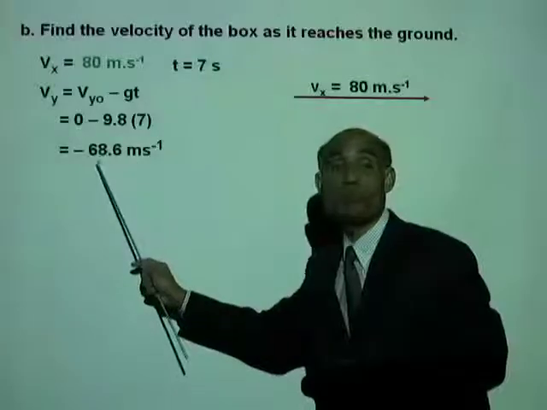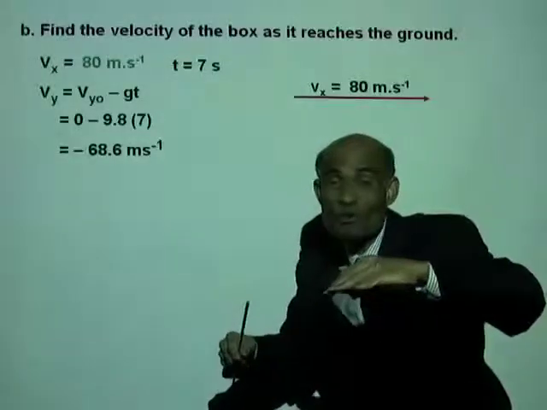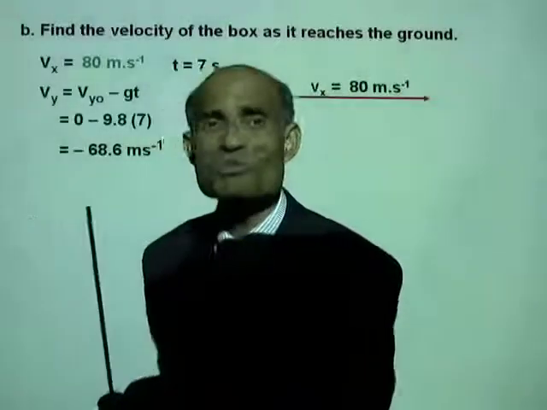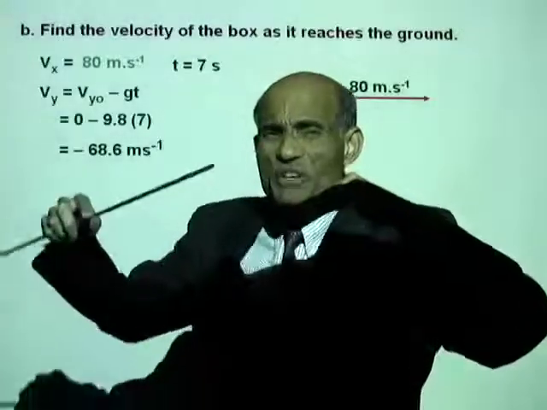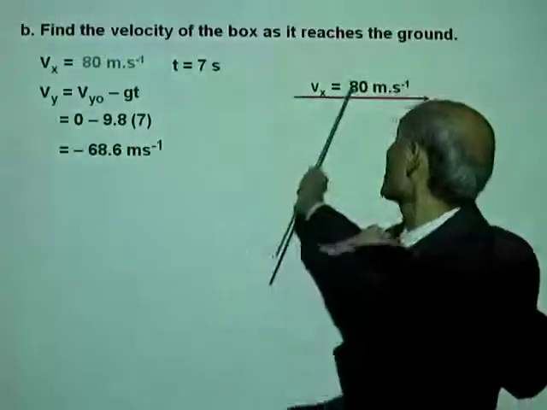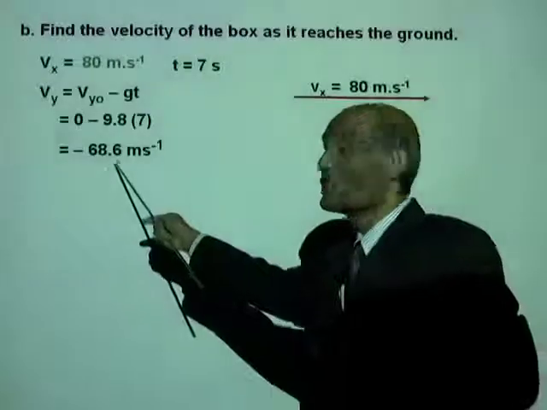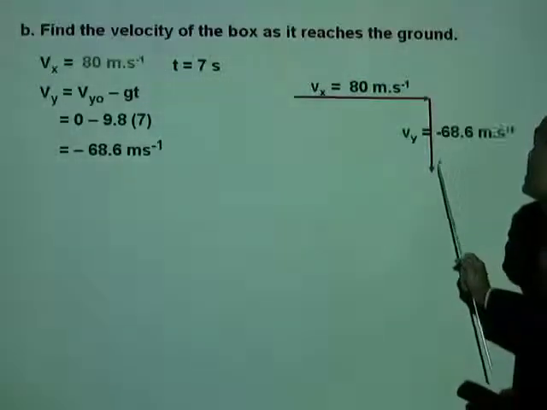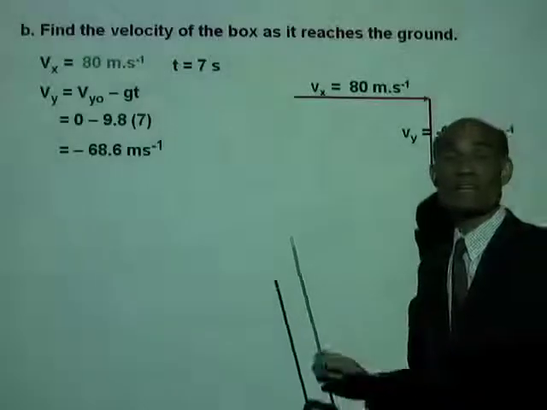So that means the box, when it falls to the ground, the instant when it falls to the ground. I know most of you would say, but doesn't the box come to a rest? Yes, it will. You see, the instant when it touches the ground, it has a horizontal velocity and a vertical velocity, which is this. Alright, so the vertical velocity is negative 68.6 meters per second.